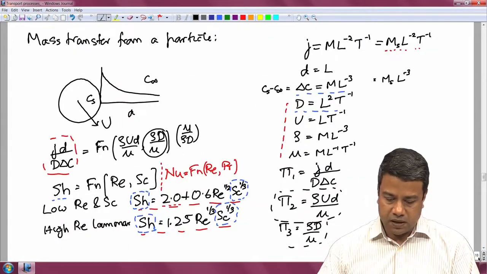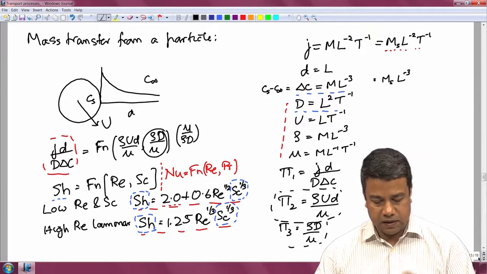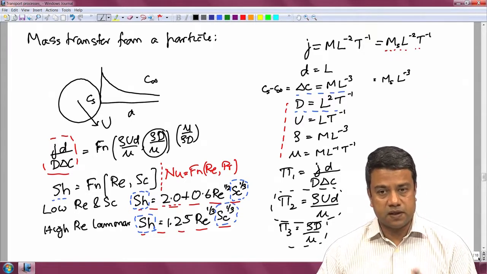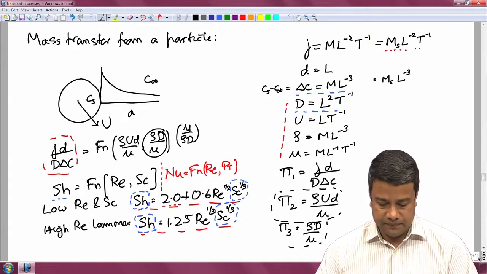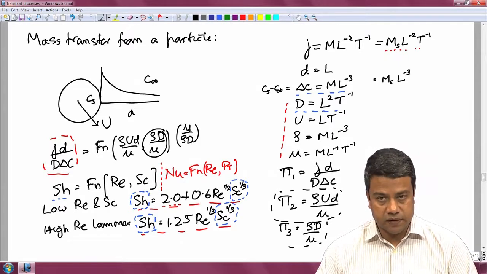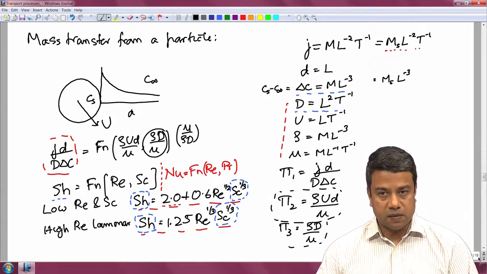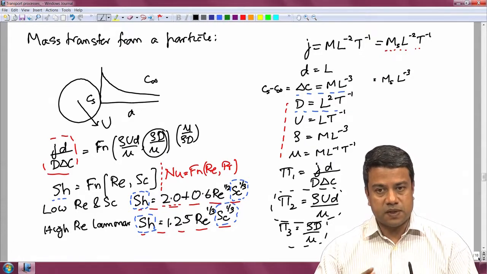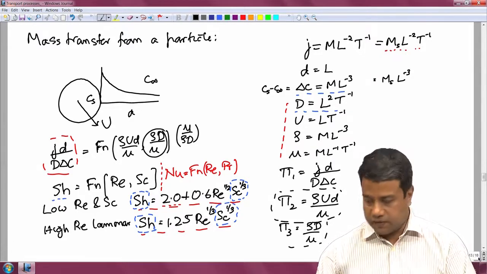In the case of mass transfer from a particle, the Sherwood number, dimensionless flux, the dependent variable, is a function of Reynolds number, ratio of momentum convection and diffusion, and Schmidt number, ratio of momentum diffusion and mass diffusion. So, all of these are classified just based upon ratios of convection and diffusion.